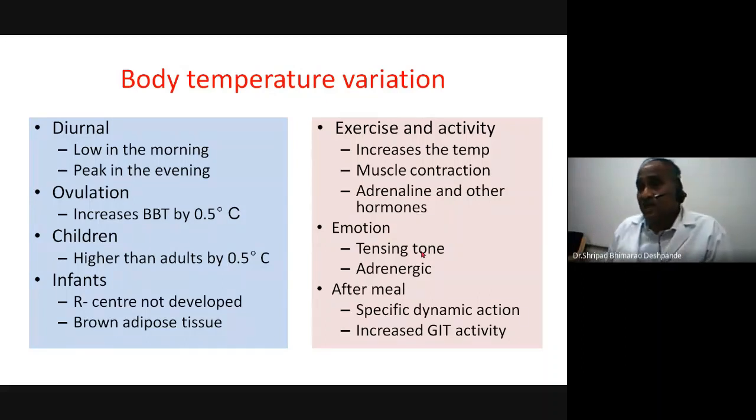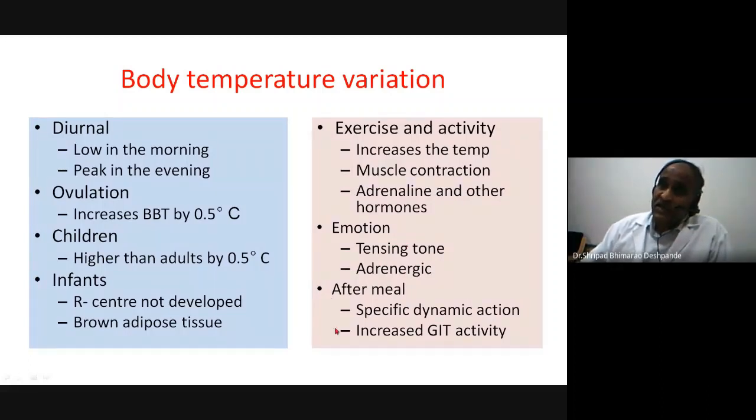Say, for example, you are anxious, you are stressed, your muscle tone is more, and more heat is produced, more temperature. Similarly, because of the anxiety, the adrenergic system is activated, and you have a higher temperature. So that means you have increased muscle tone and increased adrenergic activity.